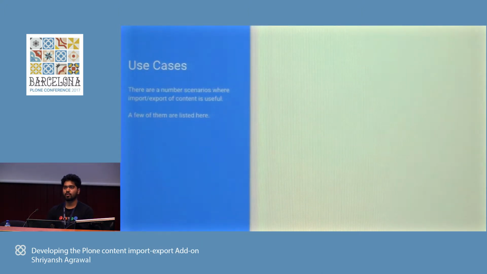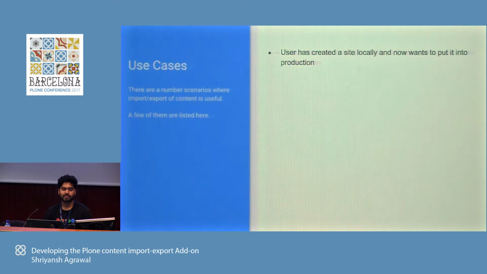Now let's talk about use cases. There could be many use cases, but a few of them are listed here because that is what we know of, and it would be very appreciable if someone could come up with a few more. The first one is, let's say a user has created a site locally and then wants to put it into production.